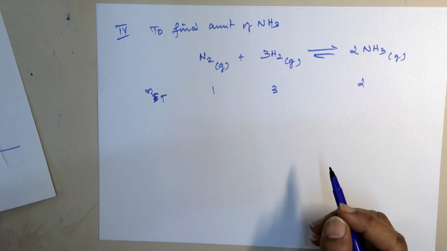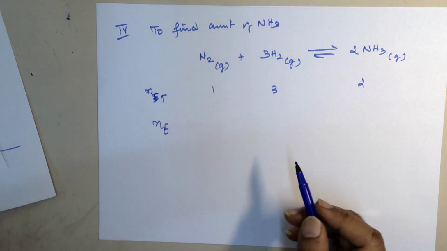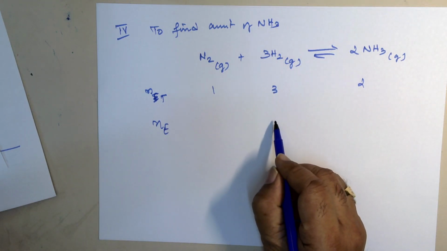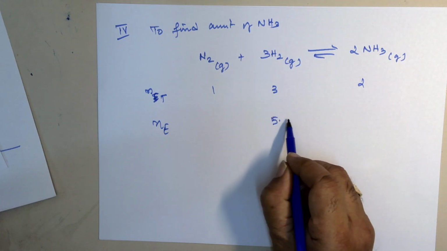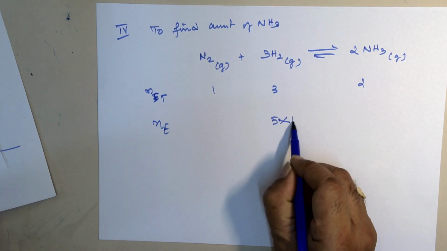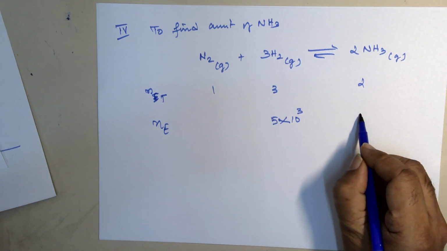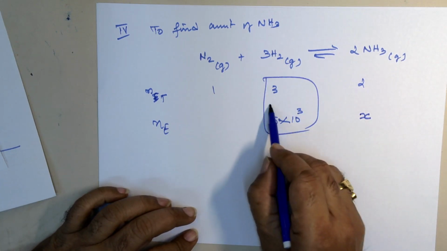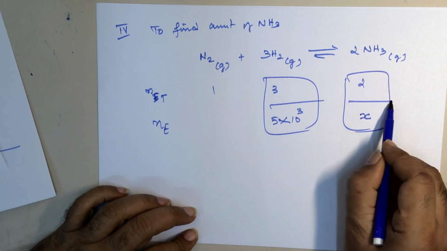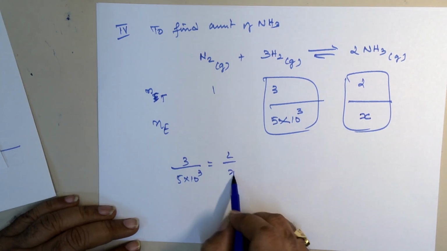And what is our number of moles here? That is N experimental of hydrogen. How much? Yes. So 5 into 10 cube number of moles of hydrogen is there. And we need to find out ammonia. So divide this. Okay. So what is the ratio? 3 divided by 5 into 10 cube is equal to 2 by x.